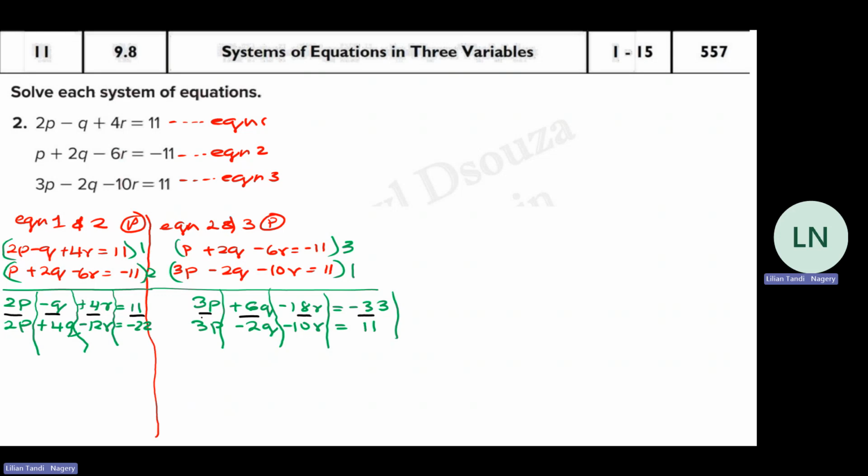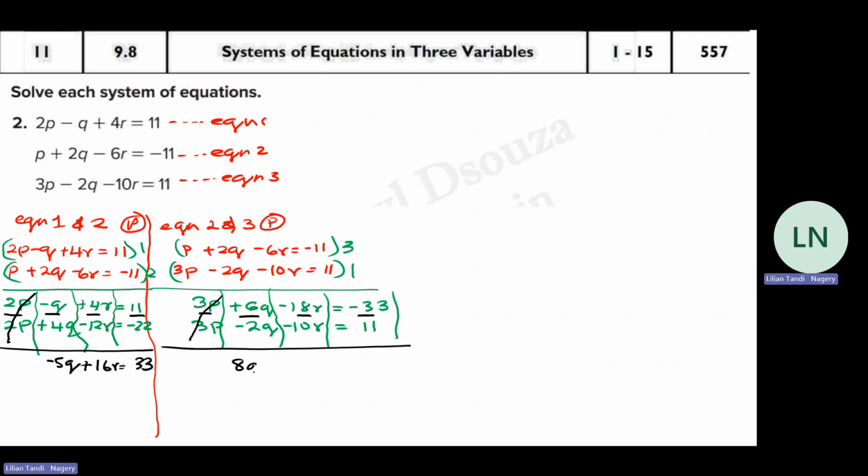The same thing here, the coefficients are the same. So I will minus because I want 0. So this goes away. This becomes negative 5Q. And this becomes positive 16R. And this becomes 33 positive. Okay, we repeat the same thing. This goes away.